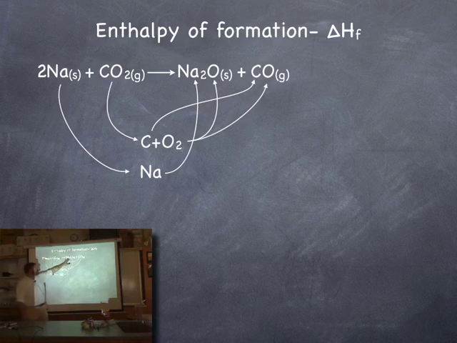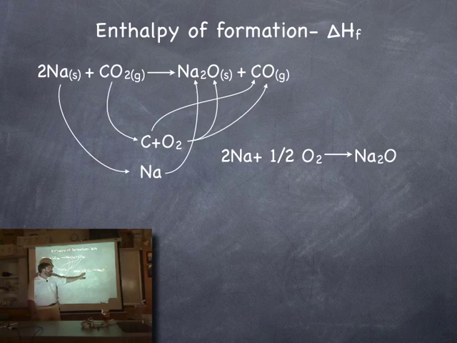If I form sodium oxide, I form it from 2 sodiums and half of an oxygen molecule to make 1 sodium oxide. And this is the convention. We always write these equations so that we're forming 1 of the thing that we're talking about. The equation for the formation of sodium oxide has 1 sodium oxide molecule. And yes, we have to use fractions.